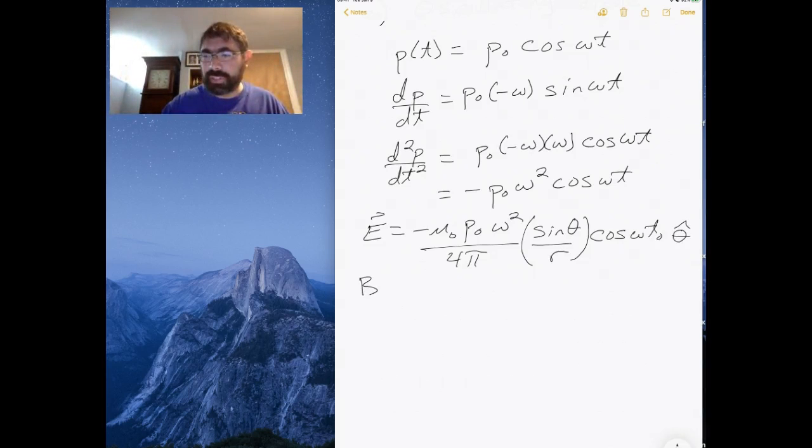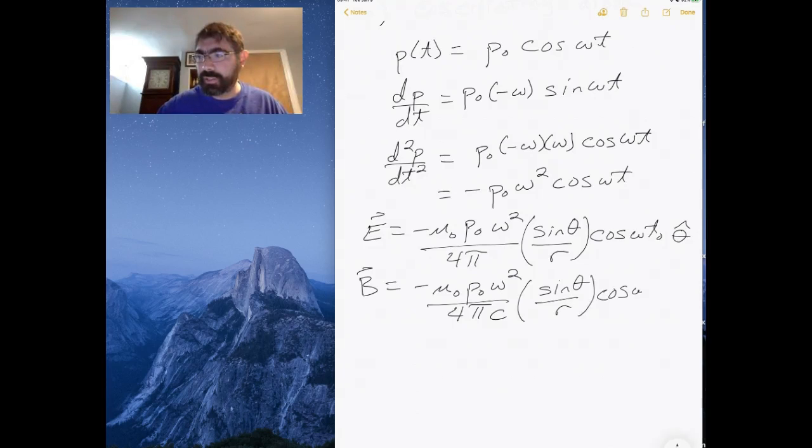For the magnetic field, what I would get is minus mu naught p0 omega squared over 4 pi c, sine theta over r, cosine omega times t naught, in the phi direction, which is the exact same result we got when we worked out the very specific case of an oscillating electric dipole.